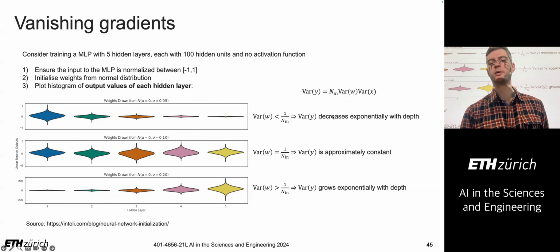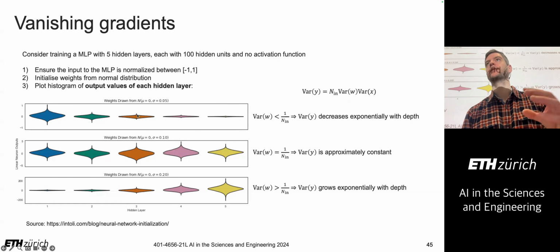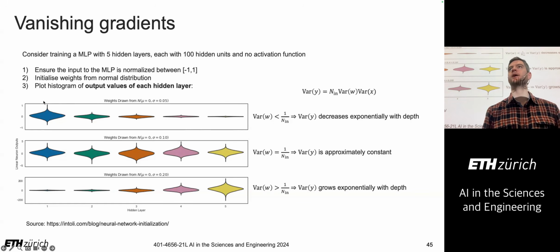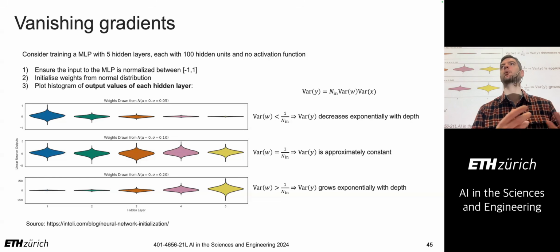And just from this mathematical equation, we can see that if our weights are initialized with a variance that's less than 1 over the number of inputs, we start getting an exponential decrease of the outputs of the network. So no matter what the input is, eventually, if we have enough layers, the output of the network is always going to tend towards 0, which is a really bad situation. We want the output to be between -1 and 1.